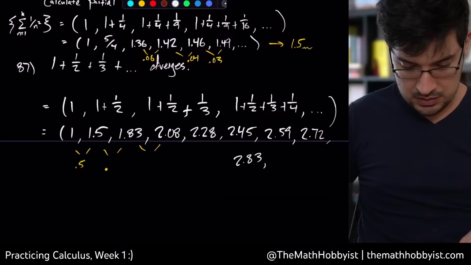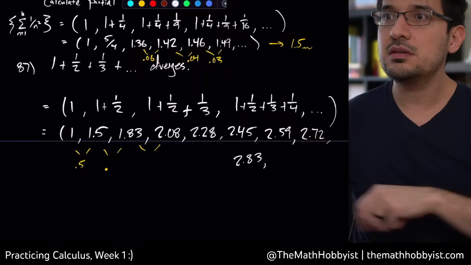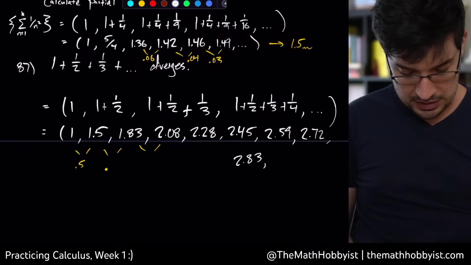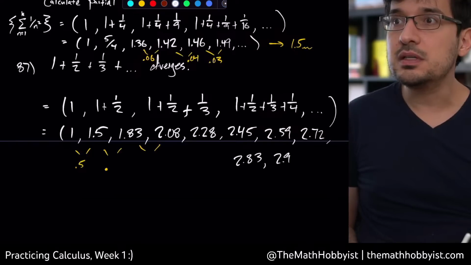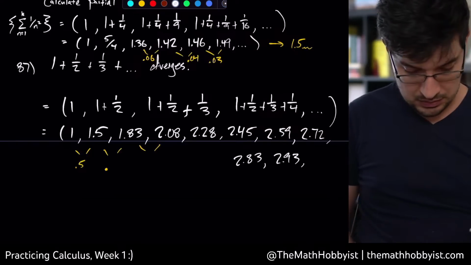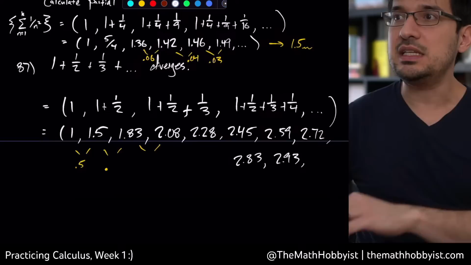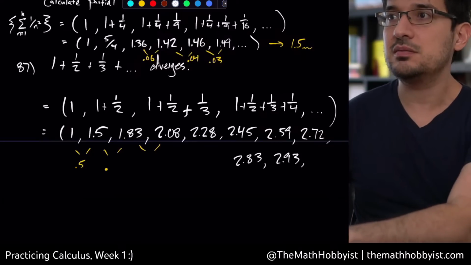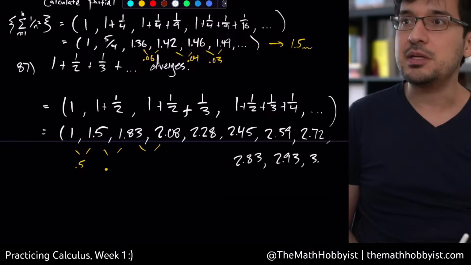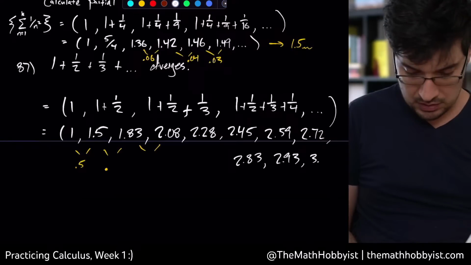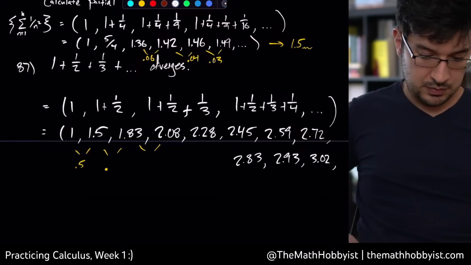2.83. So we are still not reaching anything interesting. 2.93. So how many terms do we need? Probably pulling out Excel would be the best way to really be confident on this. 3.02. I don't know.